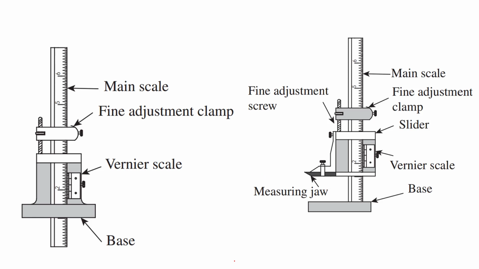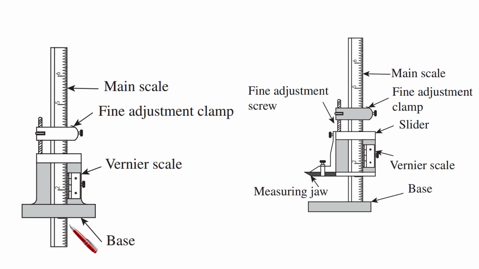So can we tell from the picture itself which is a vernier depth gauge and which is a vernier height gauge? Obviously, we can recognize this is a vernier depth gauge because this is the base. Look here, the base is there and a scale is below the base. Clear?